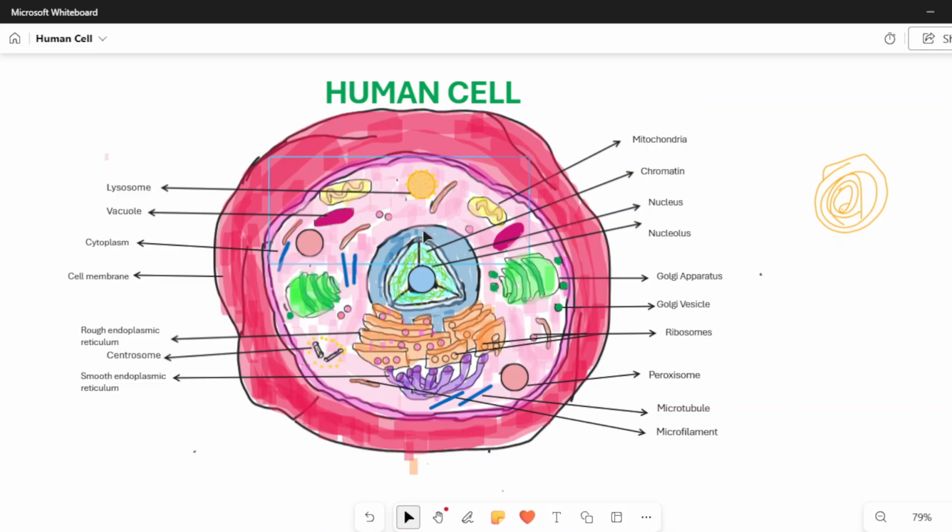That happens because the DNA inside the cell, or the brain of the cell, the nucleus, loses control over the cell, and the cells divide unlimitedly without stopping. So that's how this human cell influences the organ functioning.